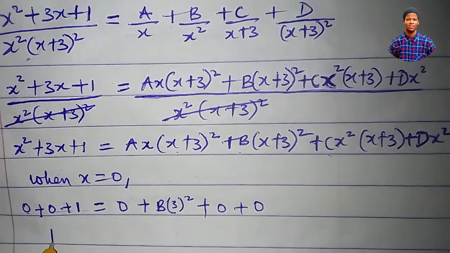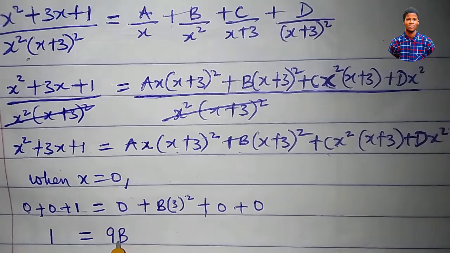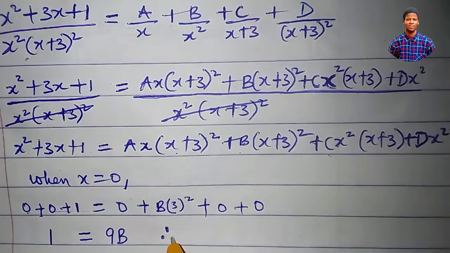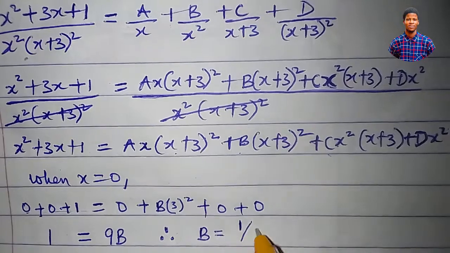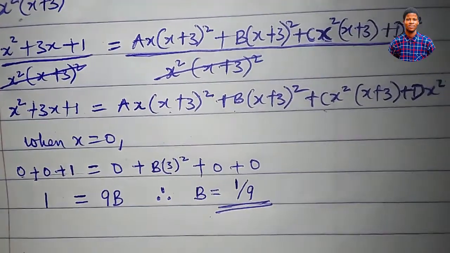Everything here is 1, and this is what? 9b, because 3 squared is 9. So, dividing both sides by 9, b is equal to 1 over 9. I've gotten b already. Let's get d.